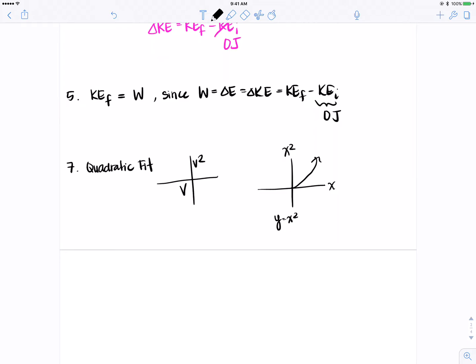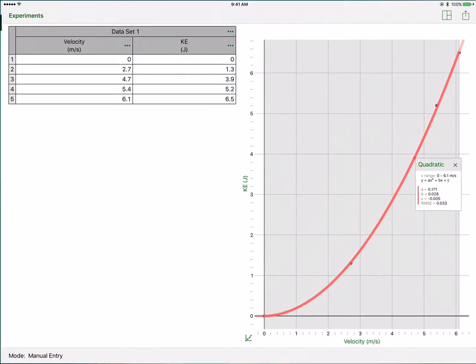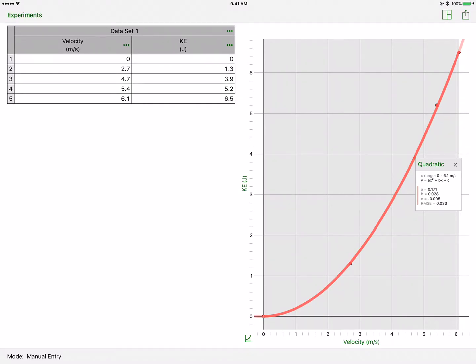So let me go ahead and go over to my graph. And here we go. I see that nice quadratic shape, and I've started with 0 meters per second, resulting in 0 joules of kinetic energy at the origin. And in order to answer question 8, I'm going to take note of the coefficient a in my line of best fit.